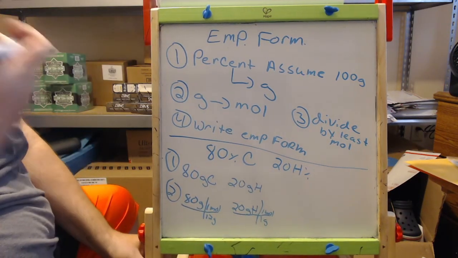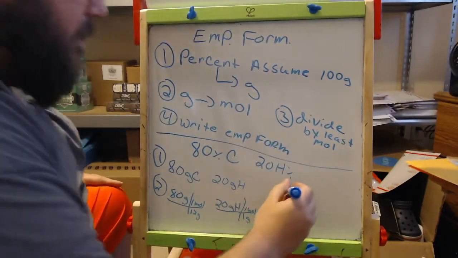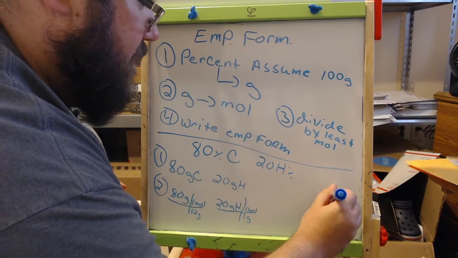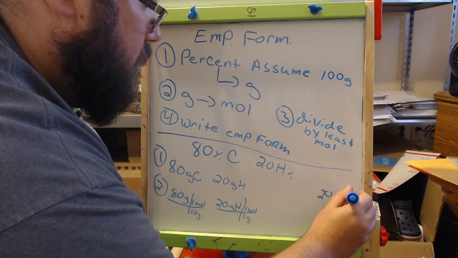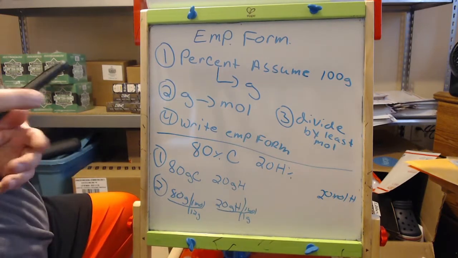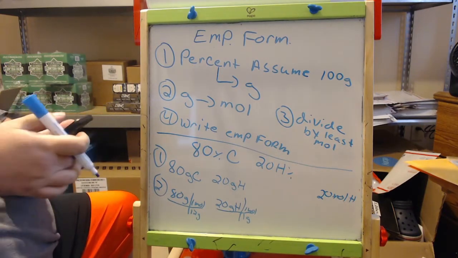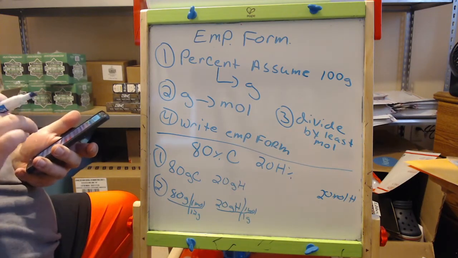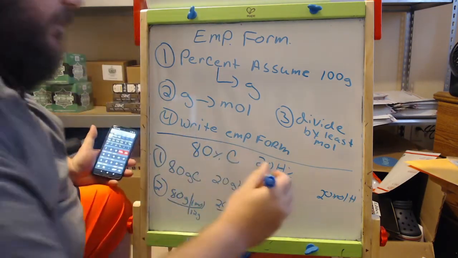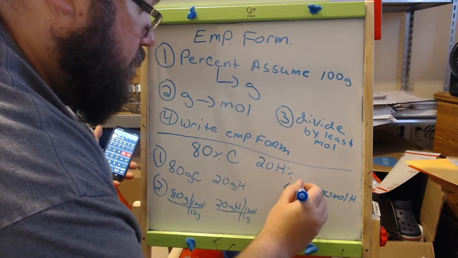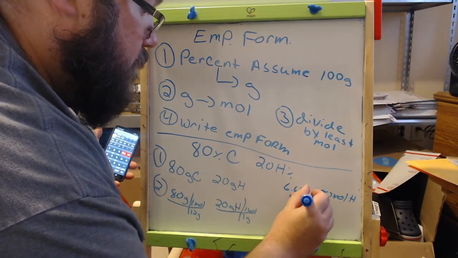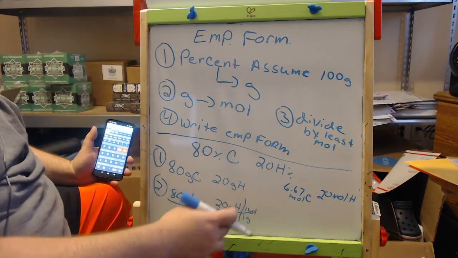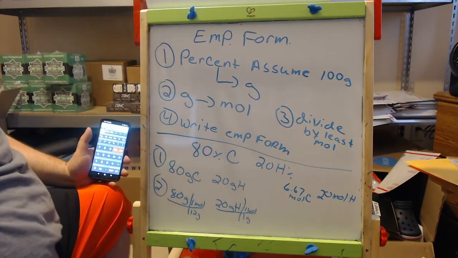So that tells us that I have 20 moles of hydrogen. And what is 80 divided by 12 here? 80 divided by 12 is 6.67. Okay, so that's the answers that I got from converting my grams to moles, step two.